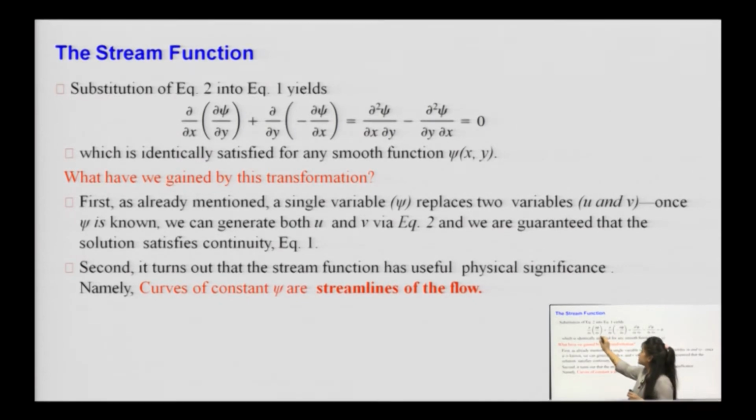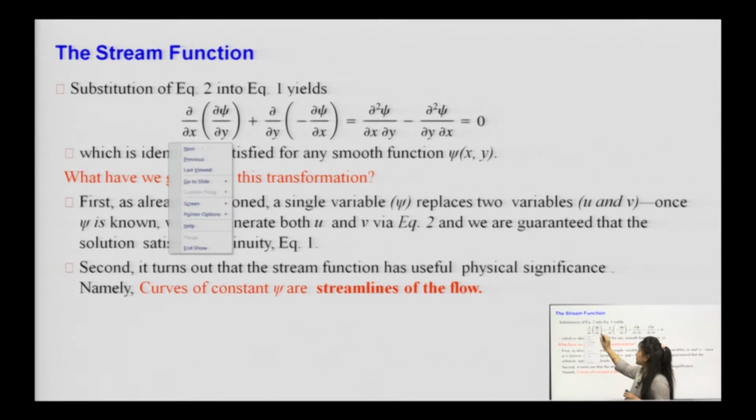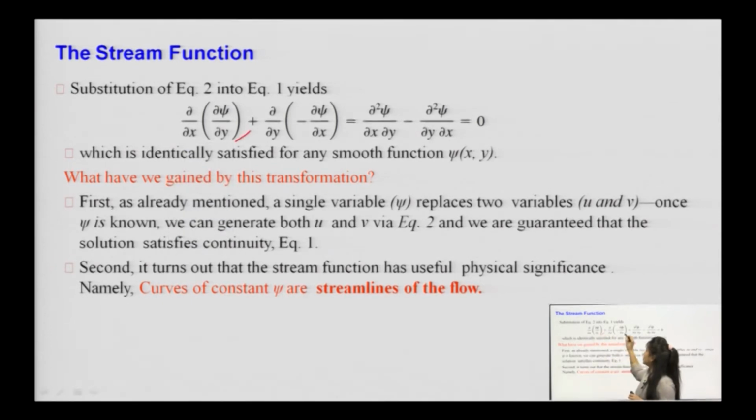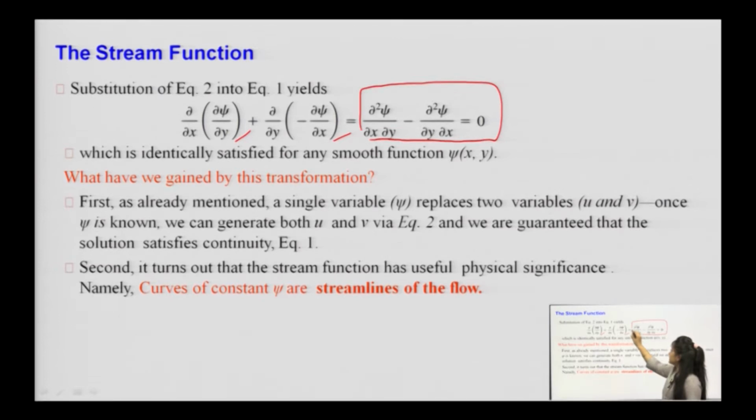So, we have substituted the value of u and the value of v in this equation, and there you can see that the resultant equation is in the form of the Laplace equation.